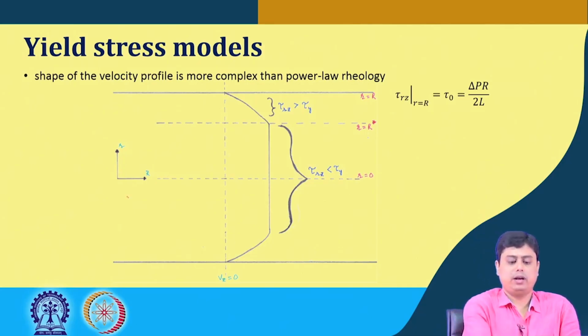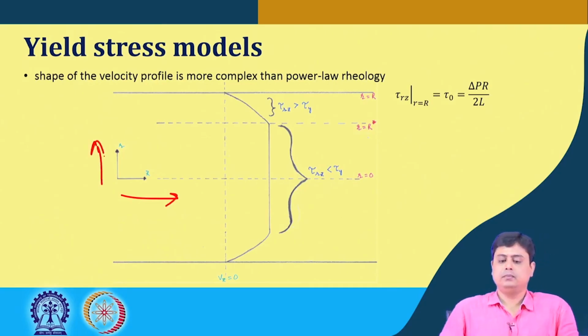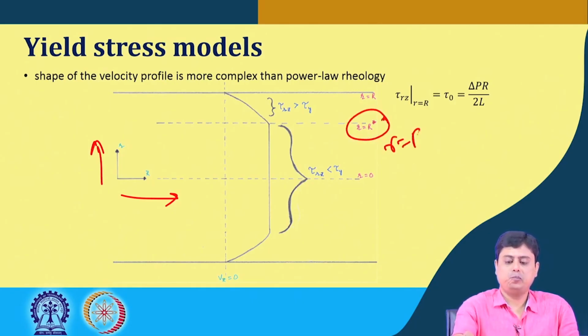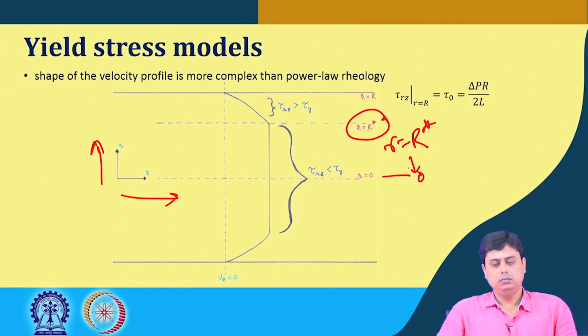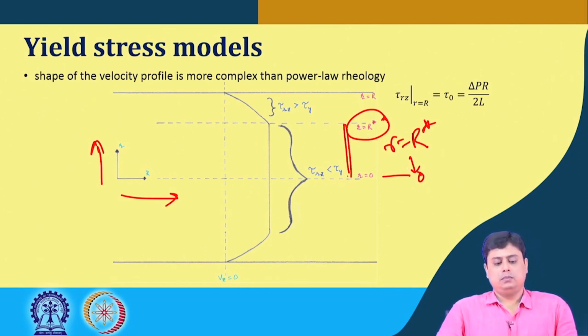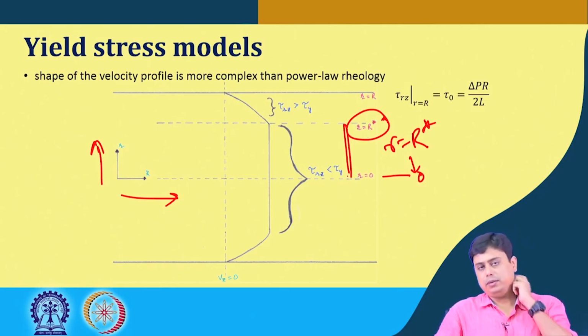This is our axial direction, this is the radial direction, and we see that there is a zone from r star to the radial distance 0. In this zone we see there is a flat velocity profile.